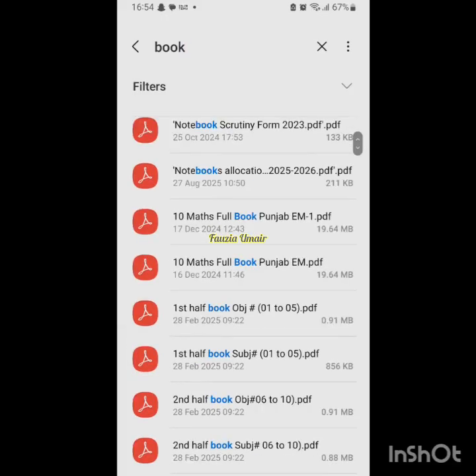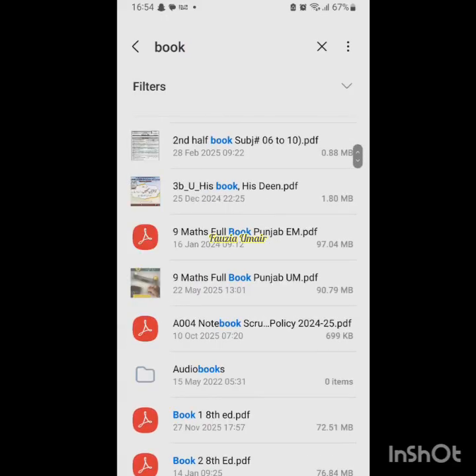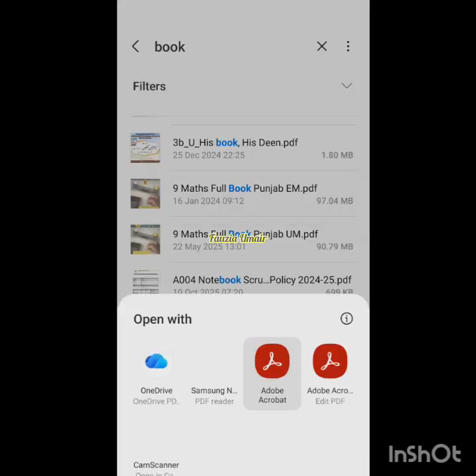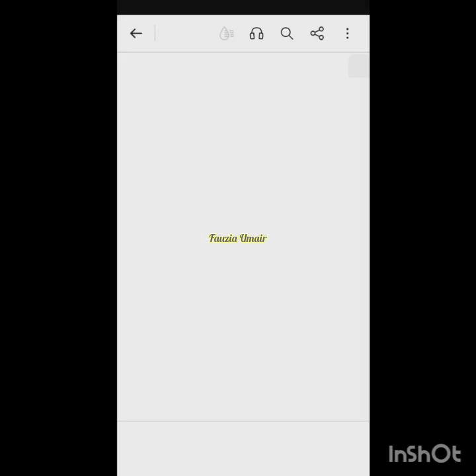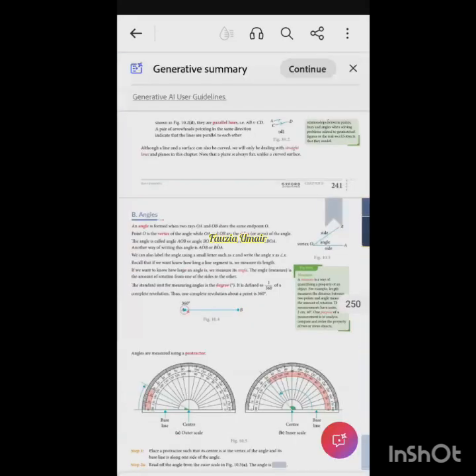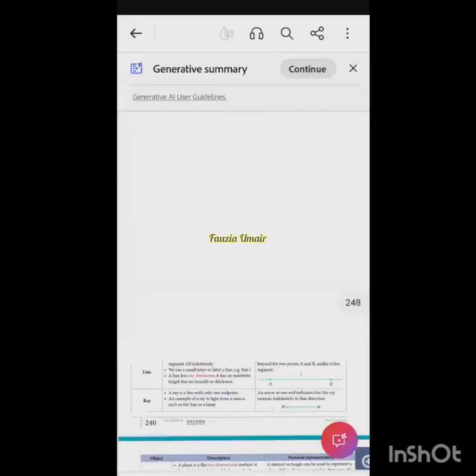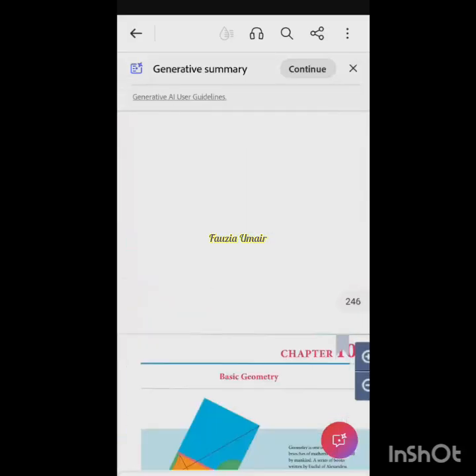So you can also open it. Else, if you don't have, that's also fine. I'm going to open the book in front of you on your screen. Okay. So we will move to chapter 9, 9A.